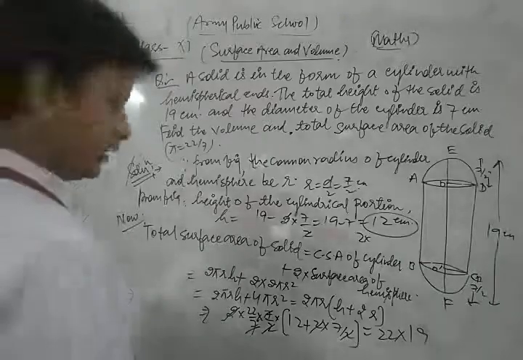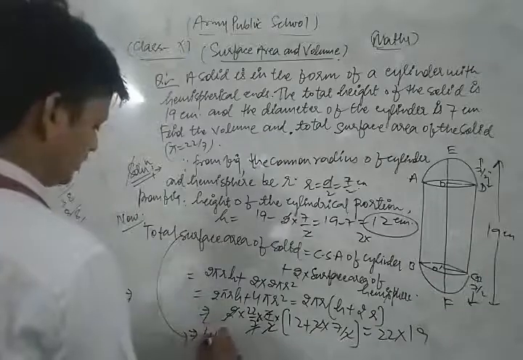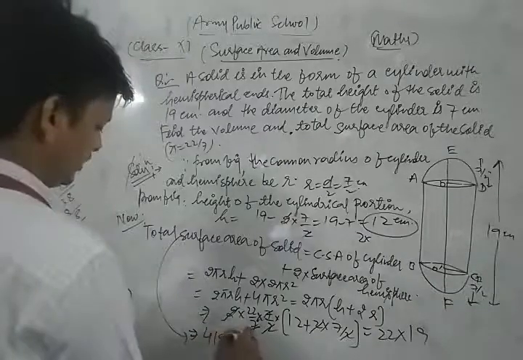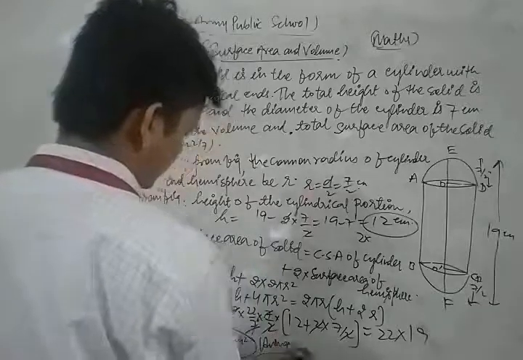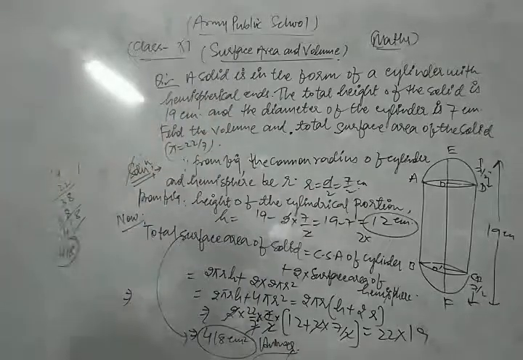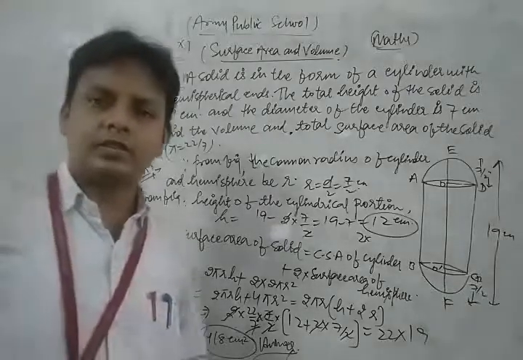Thus, the required answer, the total surface area of the toy, is 418 centimeter square. This is the total surface area of the solid.